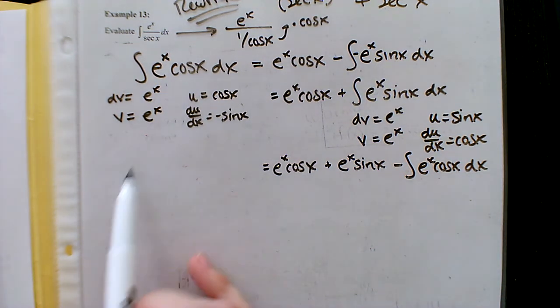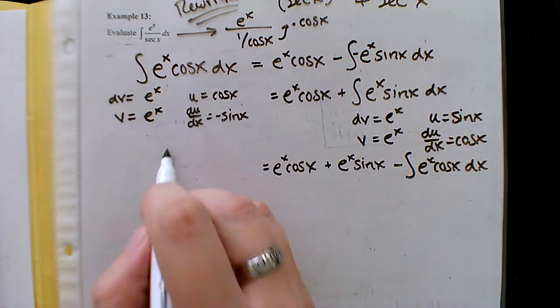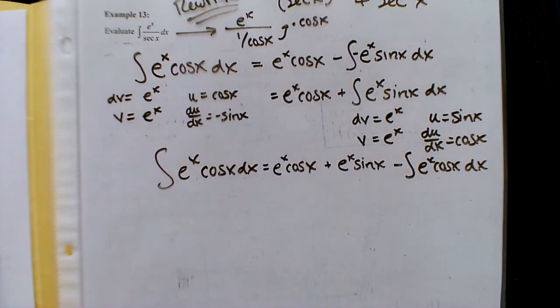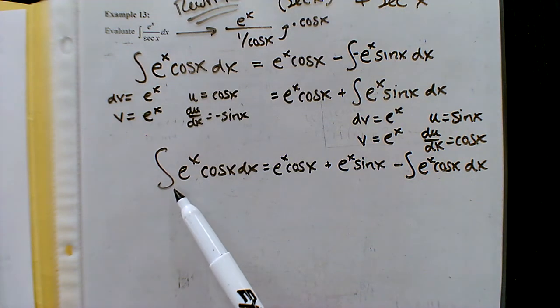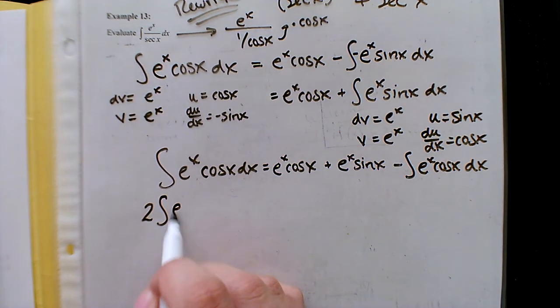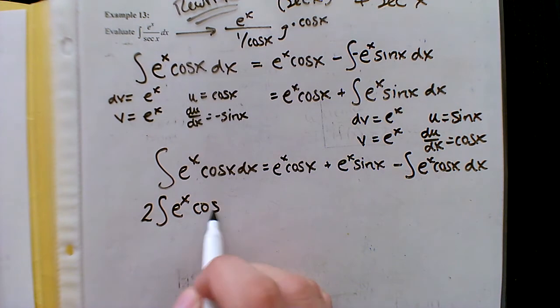We know that on this side of the equal sign was the original integral we had. Can we add this new integral to the other side? Aren't they like terms? Aren't they the exact same integral? So if we add that integral over, we would essentially have two of them on that side.